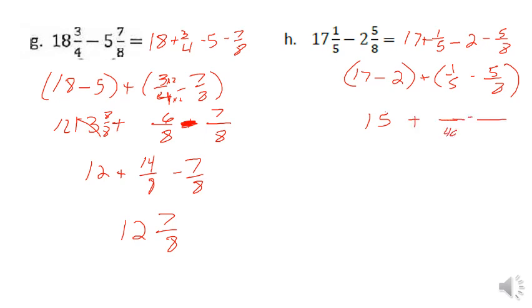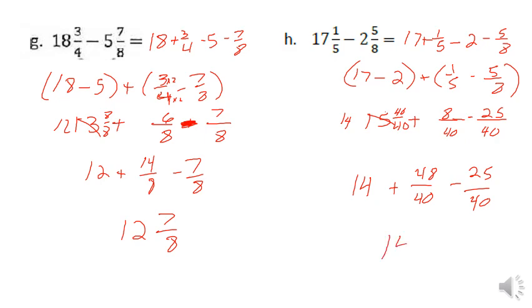We know the common denominator is 40. 1 times 8 is 8. 5 times 5 is 25. So now we're going to have to regroup. We're going to take this to 14, and this is 40 40ths. So now I got 14 plus 48 40ths minus 25 40ths, which equals 14 and 23 40ths.